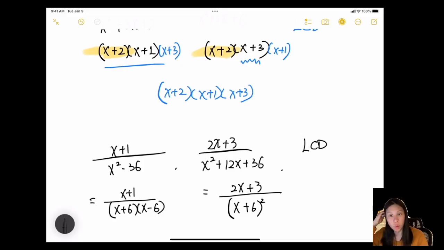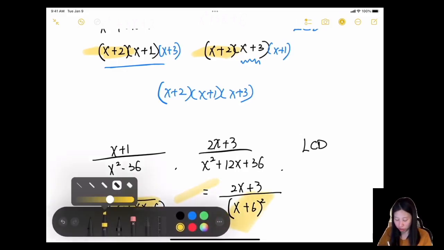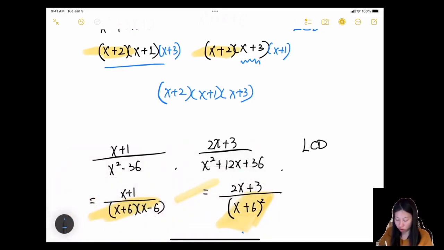Okay, so now how do we find the least common denominator? You might say, they both have x plus 6, so the missing part is just x minus 6. All I need to do is times x minus 6 on the second one.